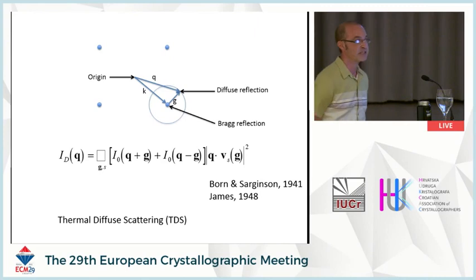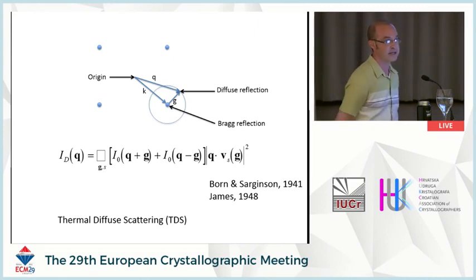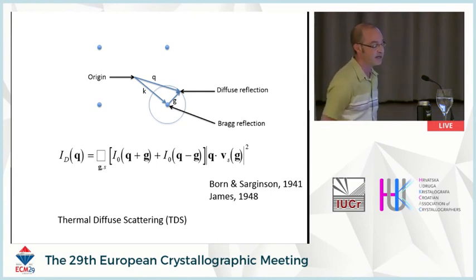So at the time of Lonsdale, the theory that was around to describe diffuse scattering is thermal diffuse scattering, and this, I think, in its complete form was done most completely by Born and Sarginson in 1941, and this is a version that we know today.